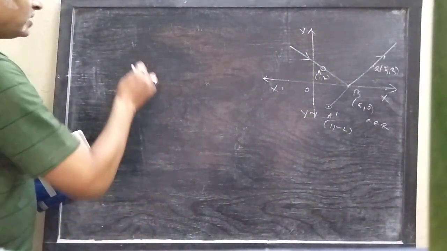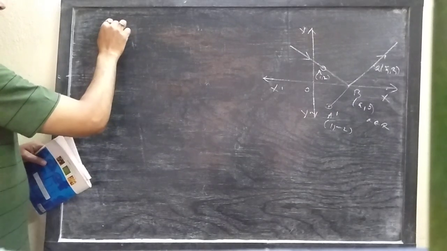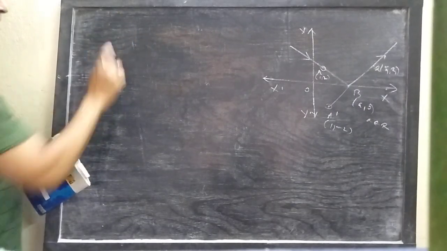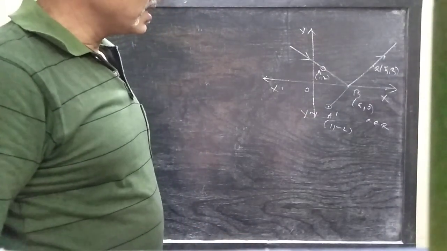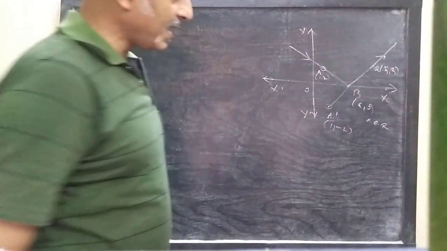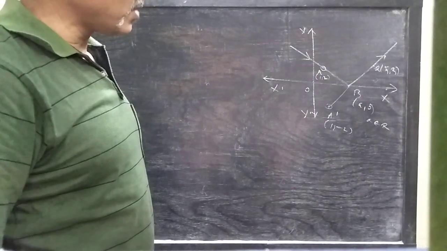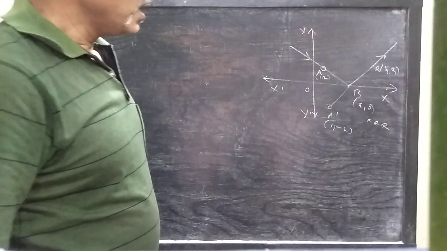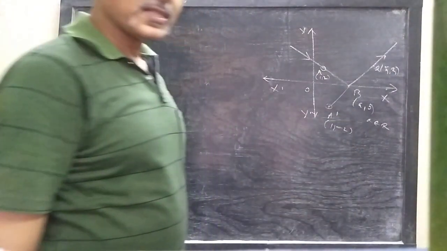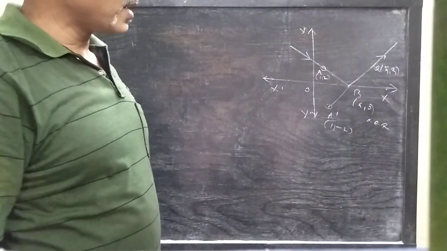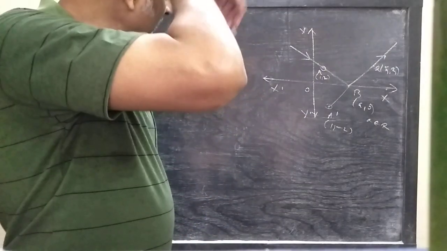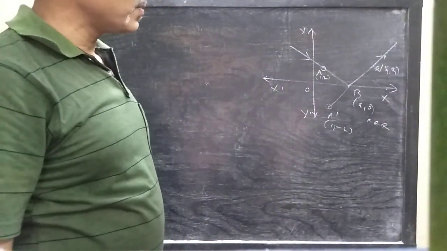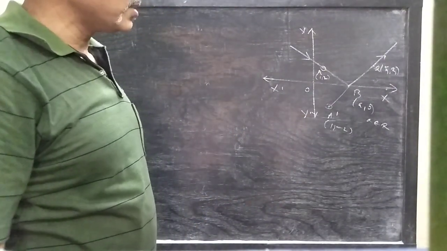Now write, if we reflect point A(1, 2) in the x-axis, then the image will be at the point A dash (1, minus 2). Let the coordinates of the point of incidence be B(a, 0), a belongs to R, as the point of incidence lies on the x-axis, so its ordinate is 0.